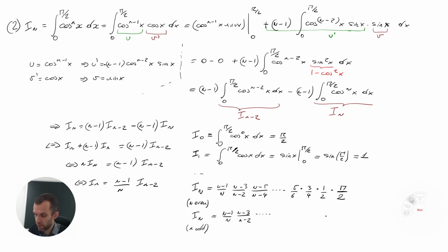And then when n gets less and less, you end up with 4 times 2, divided by 5 times 3, and then times I_1, that's where it ends, and that's just 1. So you see actually quite a different answer. One has a pi in it, the other one doesn't, for an expression that looked very similar to the beginning.